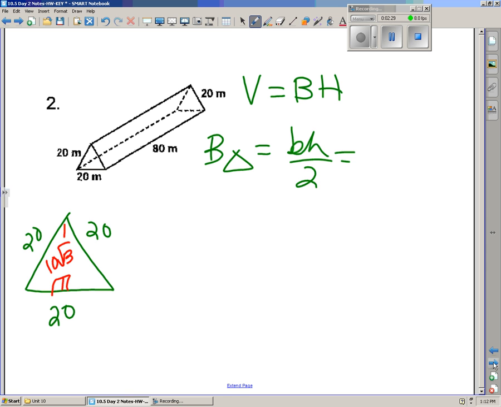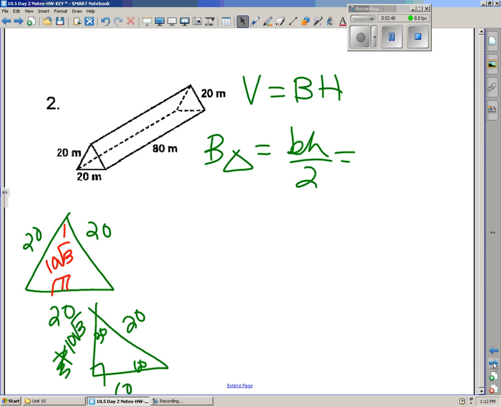Remember, in a 30, 60, 90 triangle, the 60 stays 60, and this turns into 30. Your hypotenuse is 20, your short leg is 10, and your longer leg is 10 rad 3.